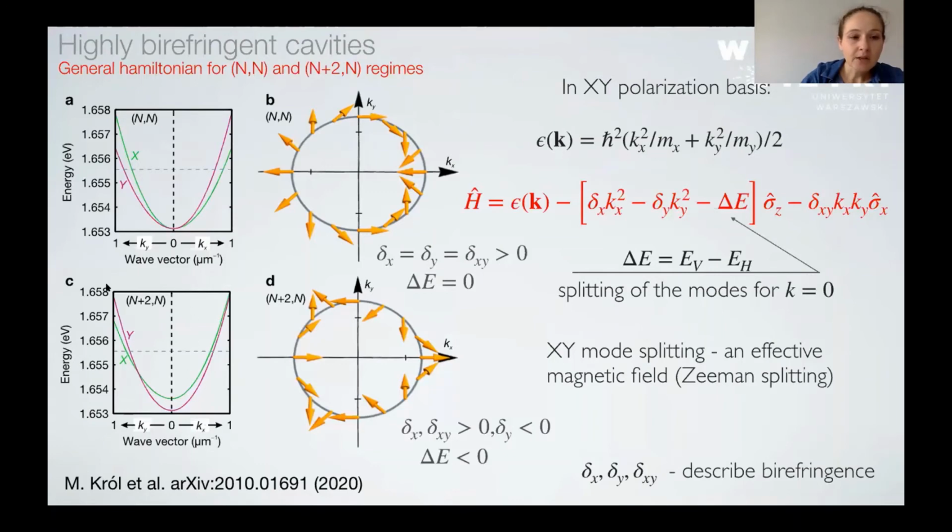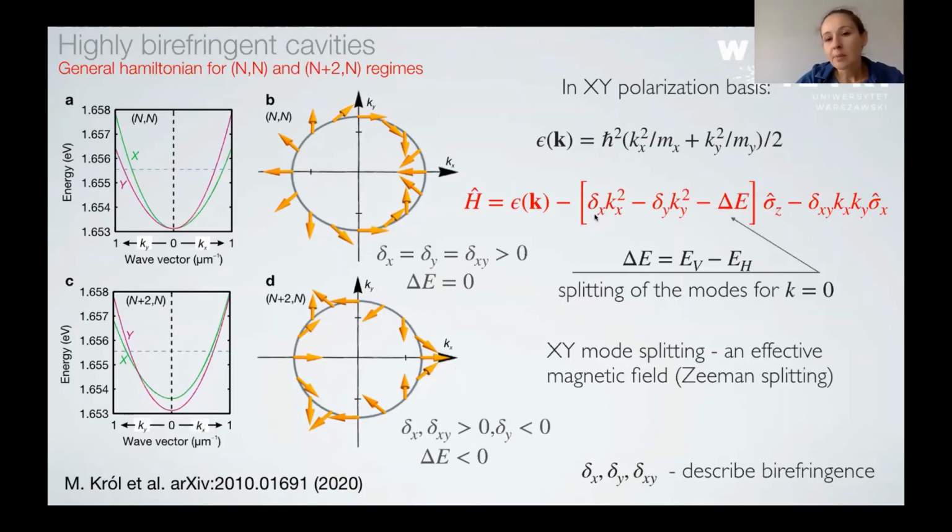And then we have the other regime, when you cross the mode n+2 with the n, of the same parity but a different mode number, where we introduce a small splitting. And actually we are able to derive a Hamiltonian that will describe both regimes. So this is valid for the typical optical spin Hall effect, and for higher mode numbers.